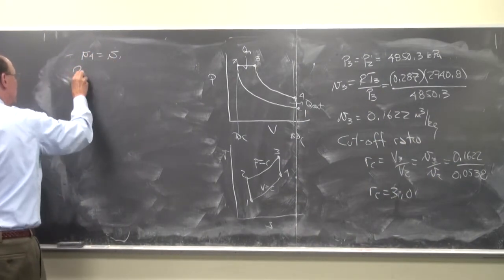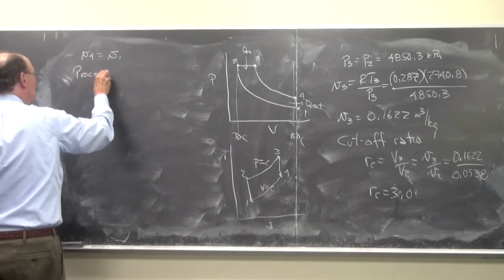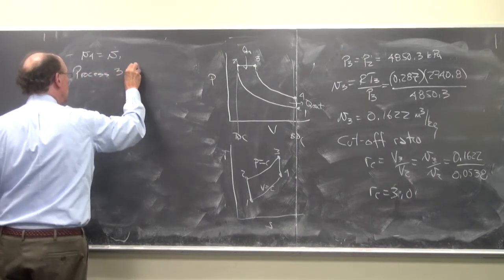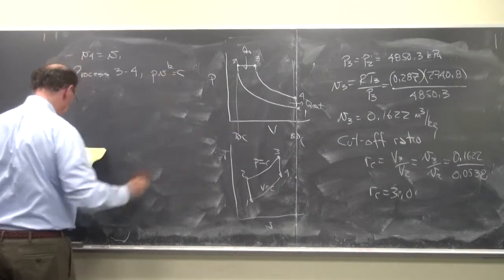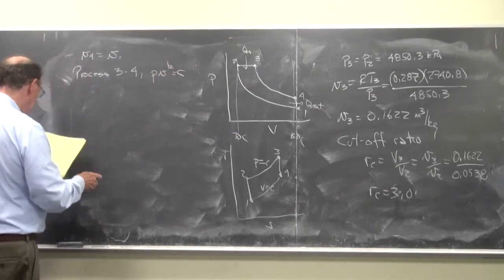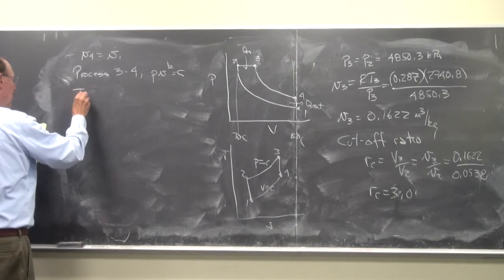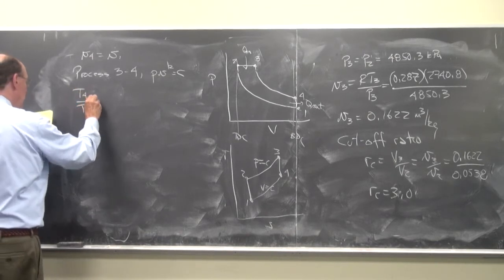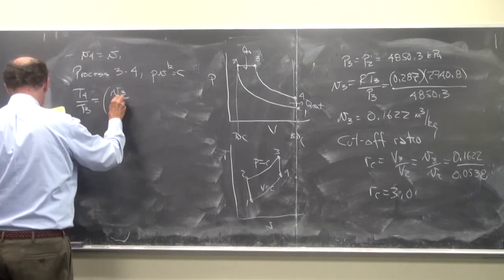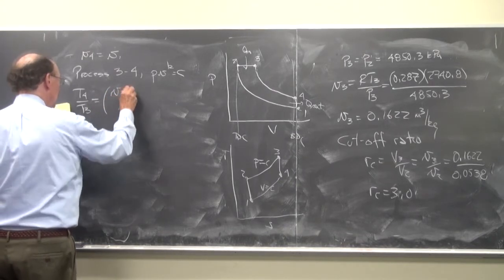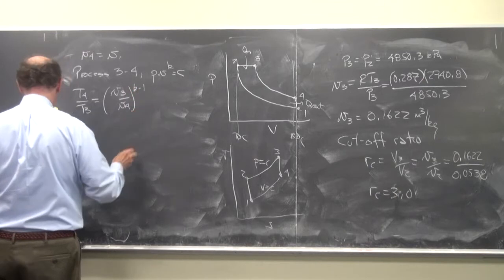So the process 3 to 4 is PV to the K, reversible adiabatic. So I have that T4 over T3 is equal to V3 over V4 to the K minus 1.